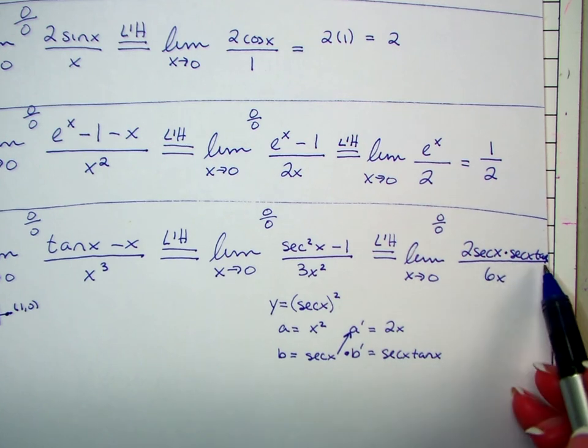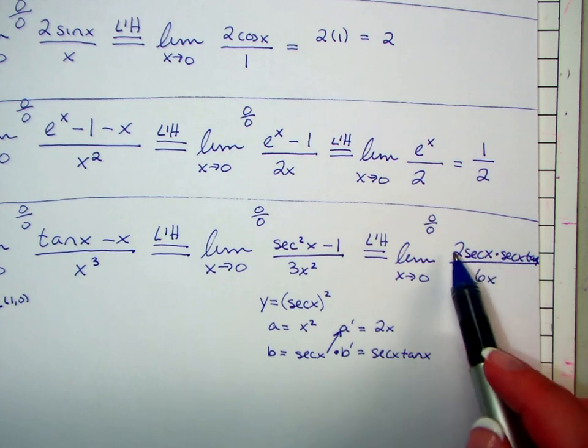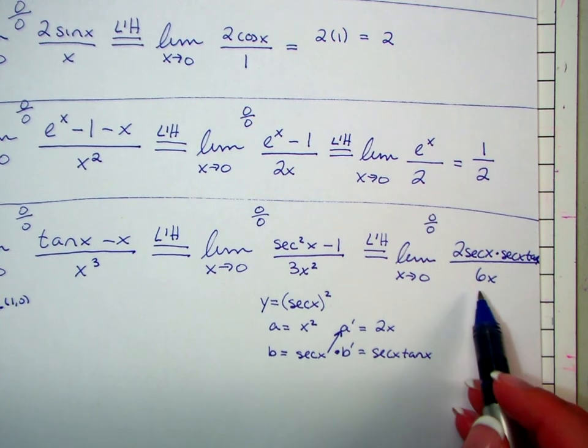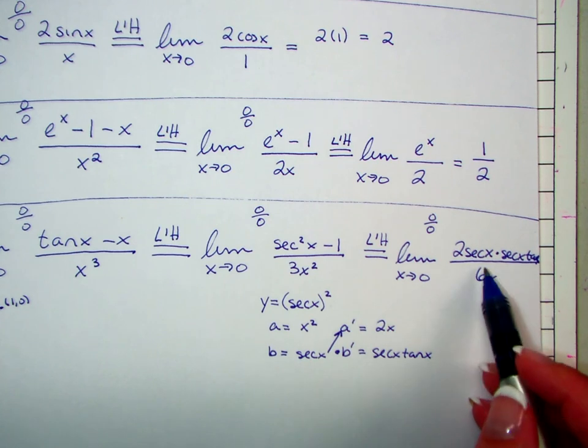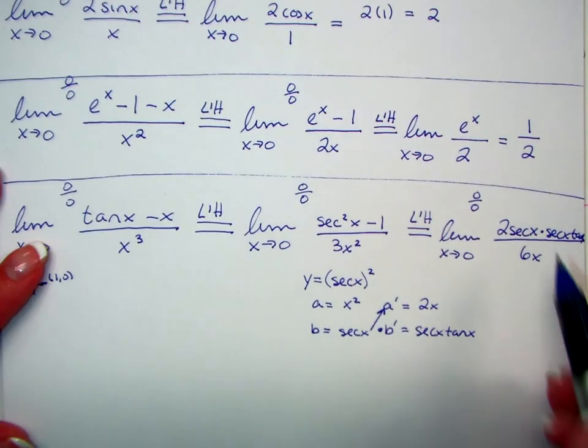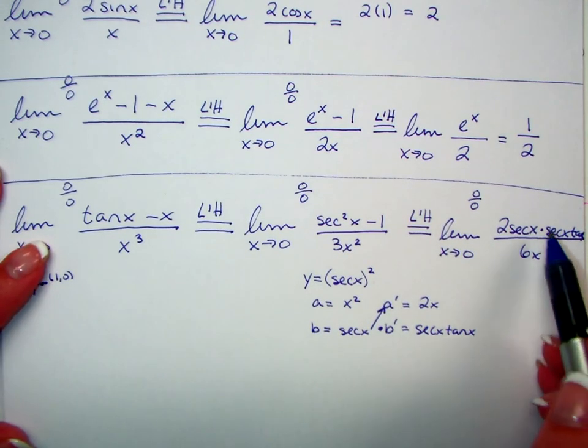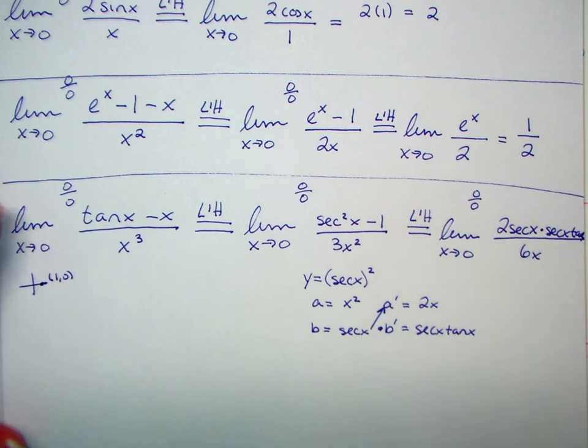So the function that goes to 0 is tan x, right? 2 times secant x does not go to 0. And here, 6 doesn't go to 0, it's the x that goes to 0. So I'm going to separate this product and do the limit of the first times the limit of the second.